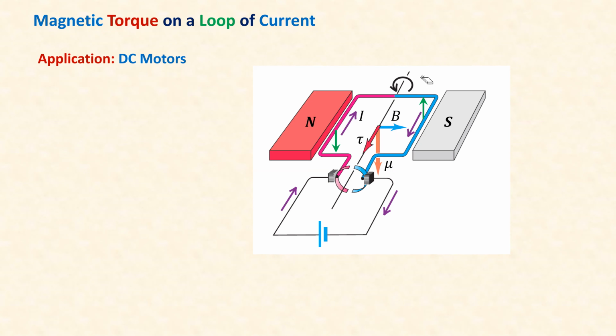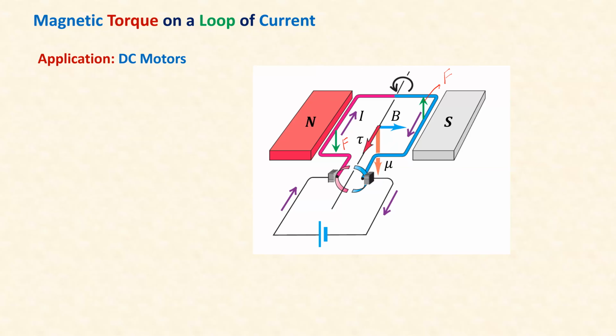You can also say that this current going this way and the magnetic field going this way, I cross B, is the force acting on that, which is the green arrow here. This one is F on that side, and this green arrow is F on this side. So you see that this also tends to rotate the loop in the counterclockwise direction, right?